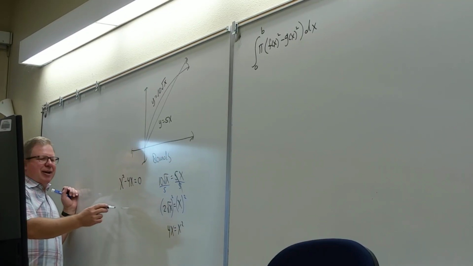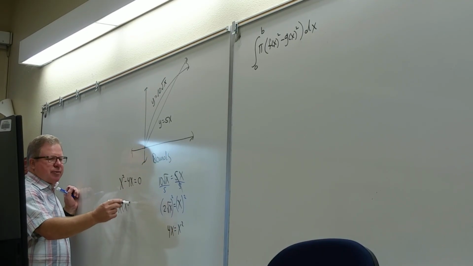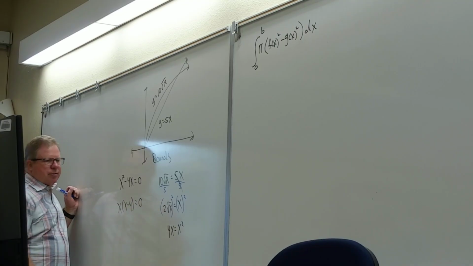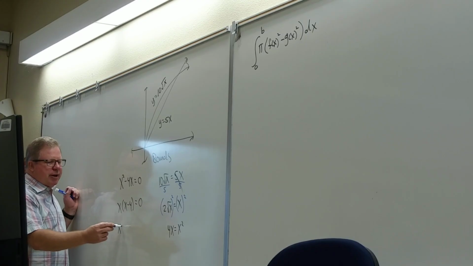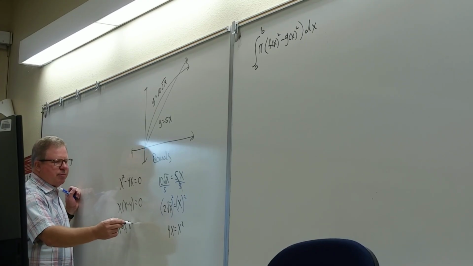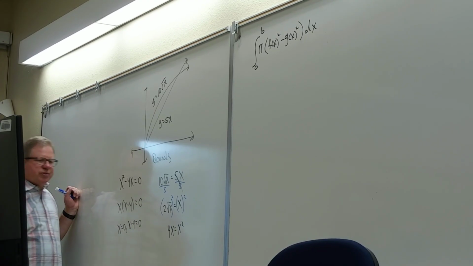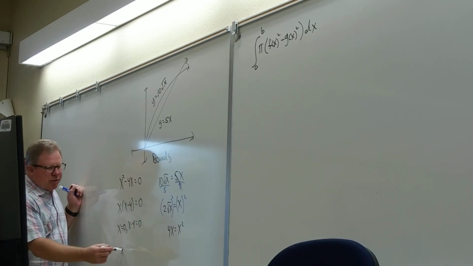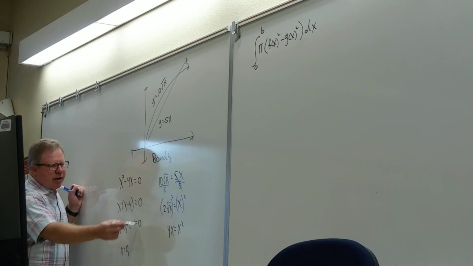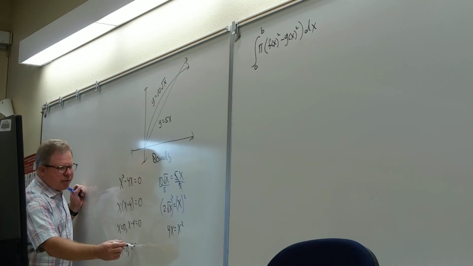I'm going to factor out an x. And so now the zero factor property, x equals 0 or x minus 4 equals 0. So this one's already solved, x equals 0. Add 4 to each side and x equals 4.